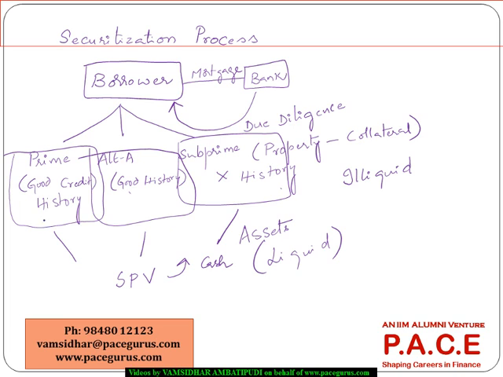And here, whichever are the prime ones, the lending generally goes to government sponsored entities, and probably some of the RTA ones also go there, but at least a good proportion of the subprime ones get sold probably to some private agencies. And this is the typical securitization process.